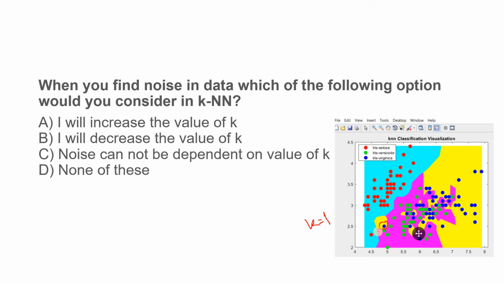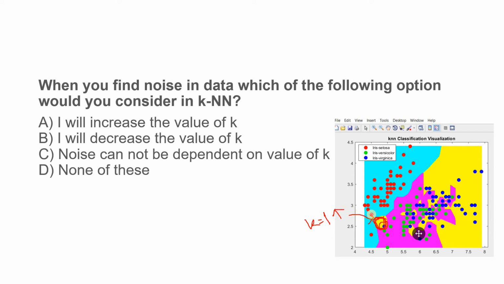Actually we applied this based on sepal length and sepal width in the popular iris data set. You can see this blue one is basically iris virginica. It is coming as noise in this region because this is the region for iris setosa and iris versicolor, but this one iris virginica is coming, due to which a large region is getting classified as iris virginica. So this is highly suffering from noise, and when you increase the k value, then majority voting will come into the picture.